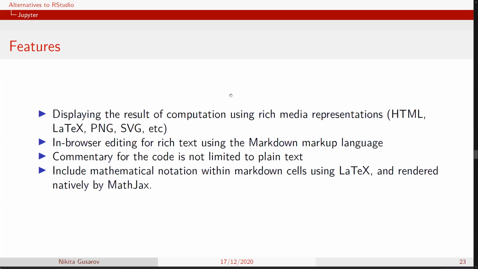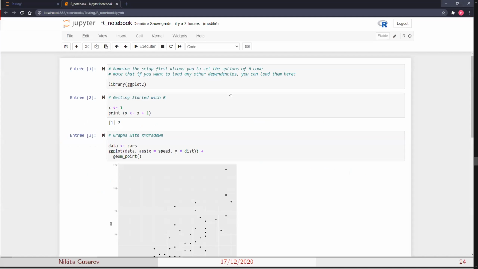But effectively for small reports, for testing of the code, for some simple study of data and some statistical model constructions, this may be one of the best solutions on the market.